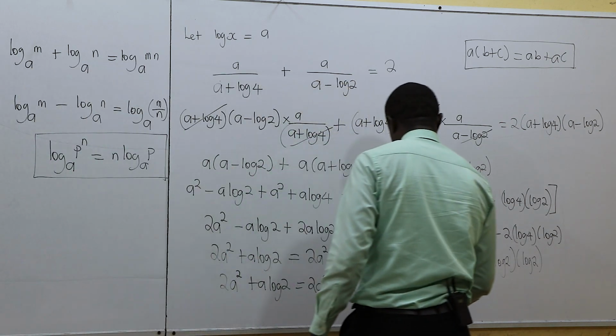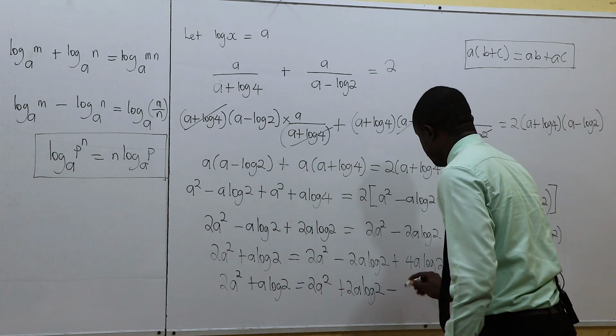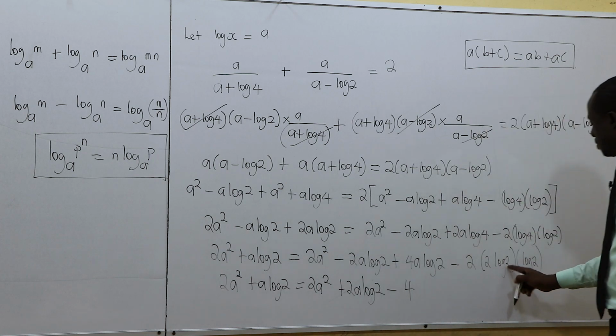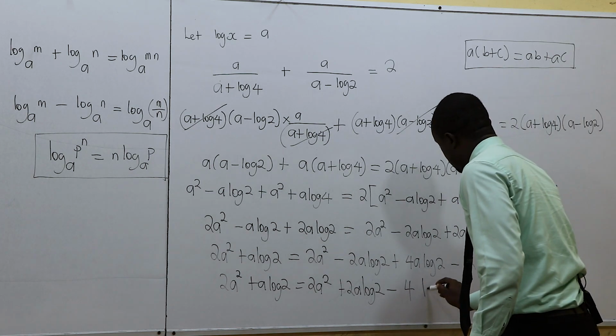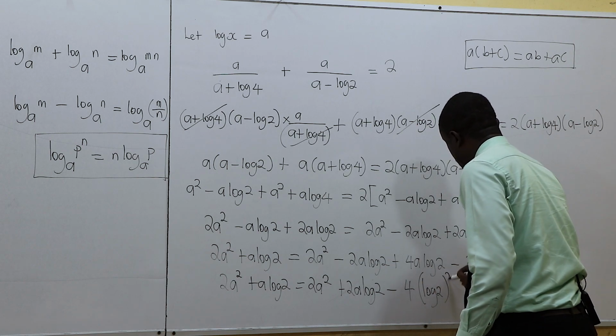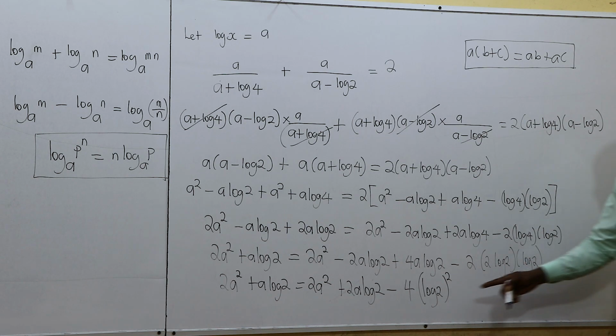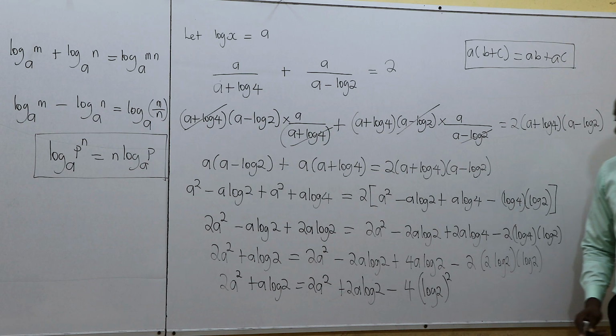And then we have minus 2 times 2, that's 4, log 2 times log 2. And this is giving us log 2 all to the power 2, because if you have a times a, that's a squared.